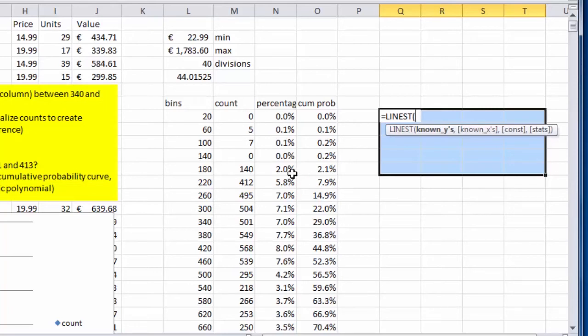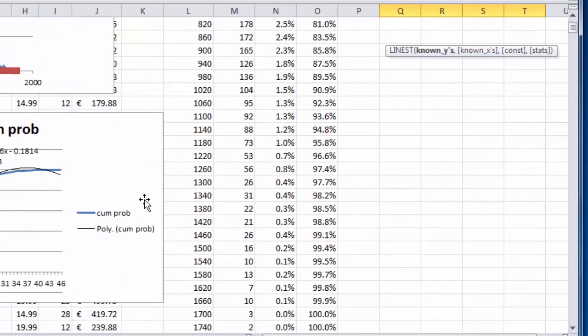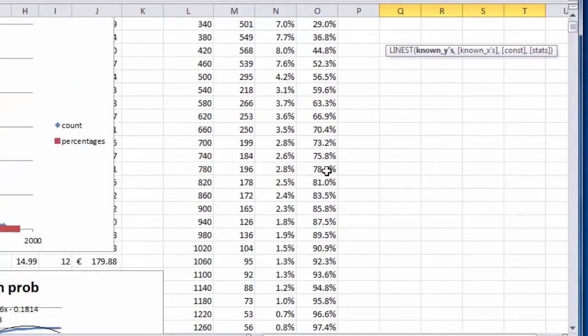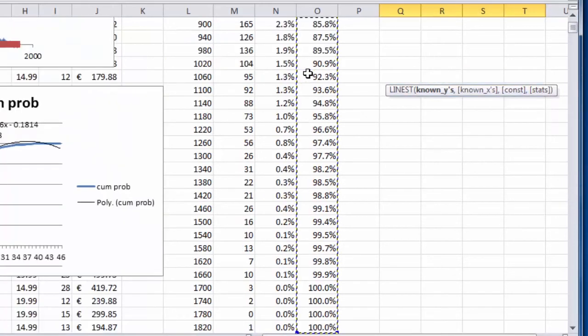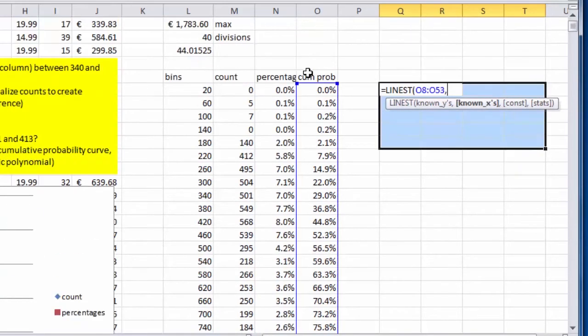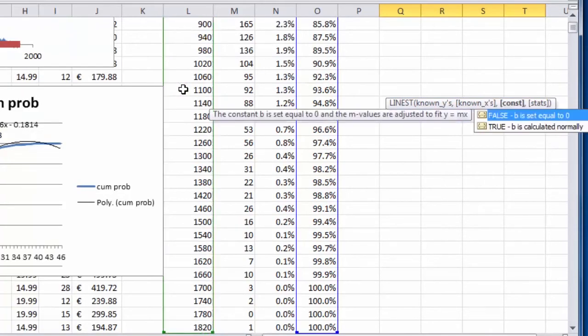So I'm trying to predict this probability. So these are the things that I'm trying to predict, my y's. And my x's are these revenues, these total sales revenues.